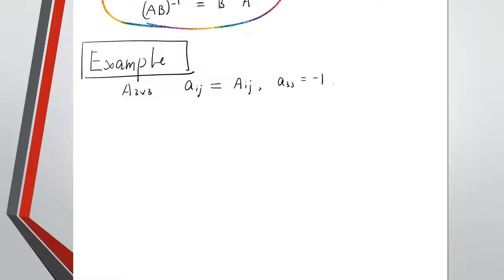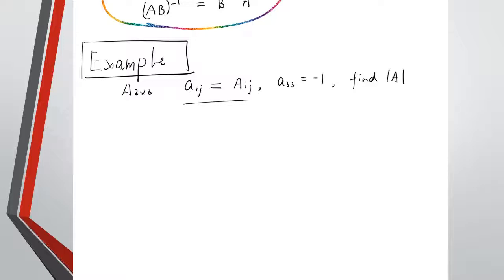Okay, so now we want to find A's determinant. Wow, it seems like we have to integrate all the definitions and properties we have learned so far. So let's take advantage of this condition. What does this mean?